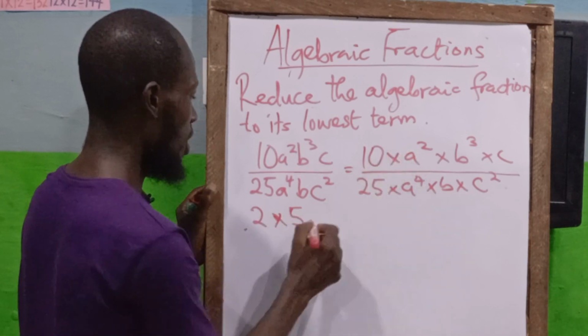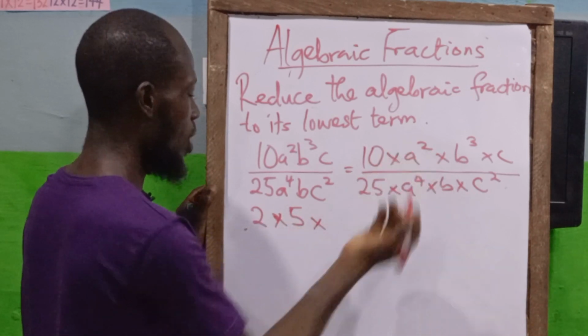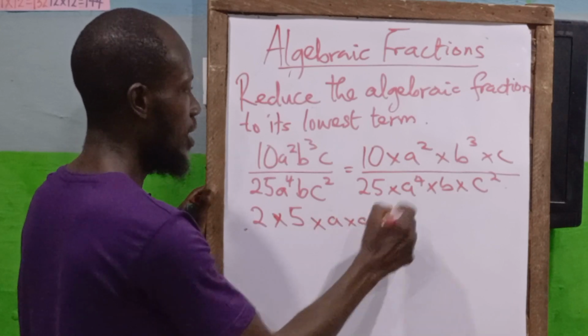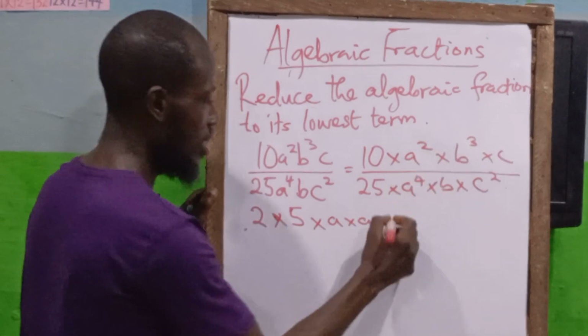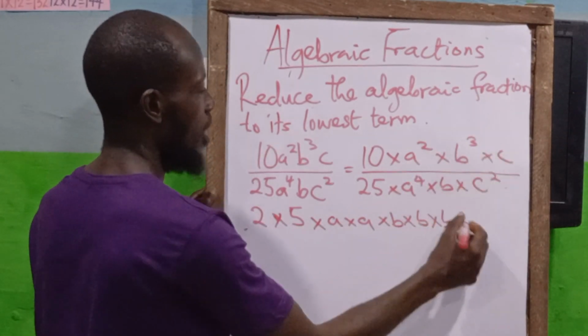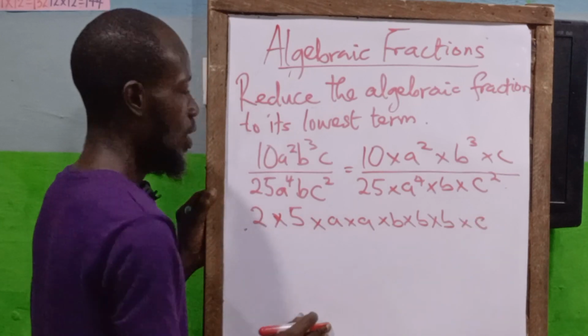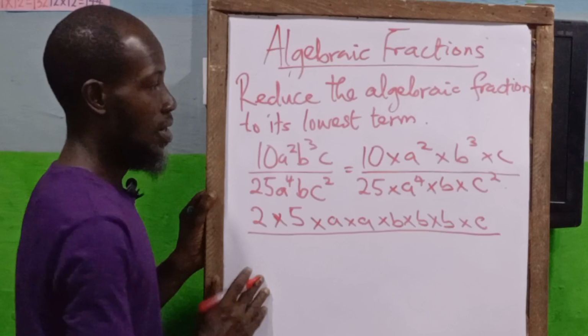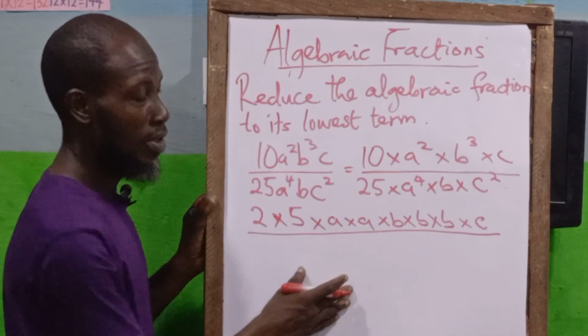Then we have a squared, which means a times a. Then b cubed, that is b times b times b. Then we have times c. All the terms are broken down now.